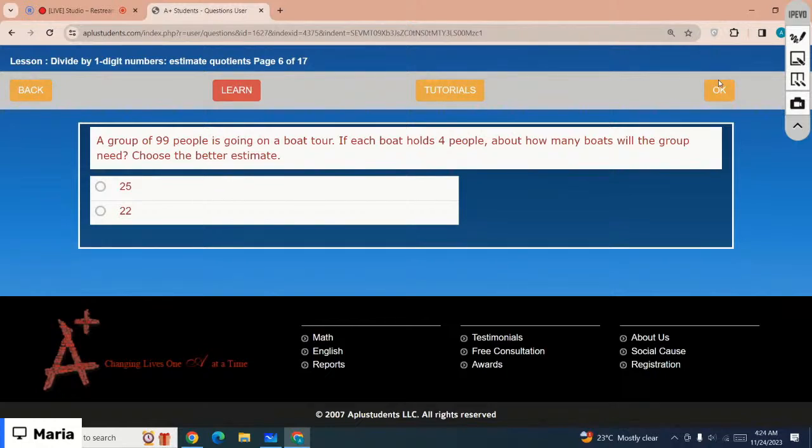Twenty-two? No, 99 is rounded off to 100, and 25 times 4 is 100. The correct option is 25, because 99 is estimated to 100 and 100 divided by 4 is 25. So the correct option is 25. Got it?